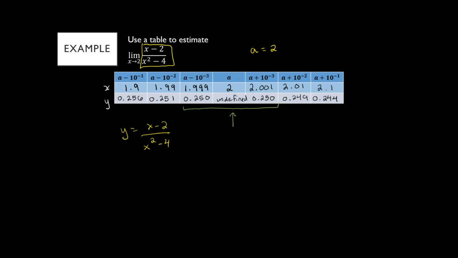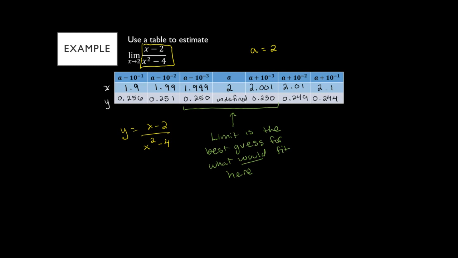And so our limit is the best guess for what would fit here. If it wasn't undefined, what would be the logical number based off of the pattern? Because we've got 0.25 on either side, when you round it, it'd be 0.25.